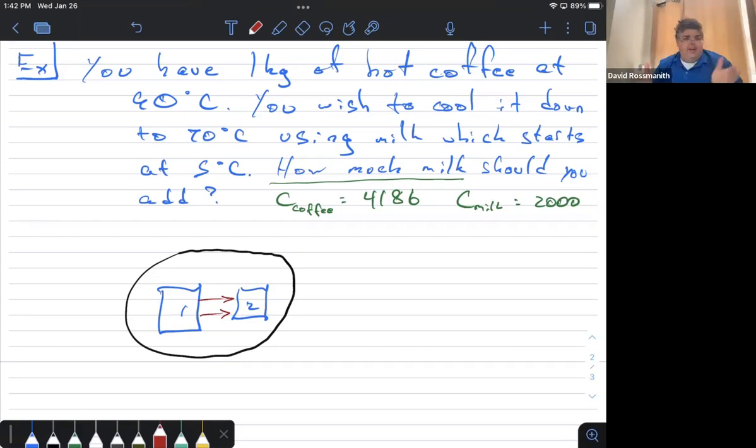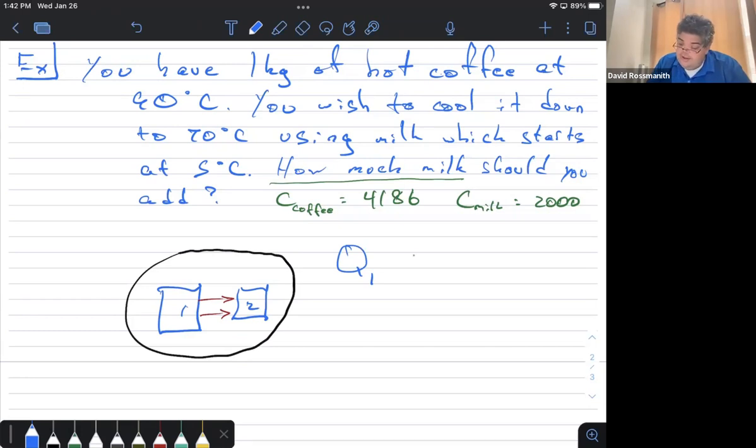So if that's how things work, which is how it works, then what we could say is whatever energy, whatever Q, 1 gives away, object 2 has to take it in because it has to go somewhere. Object 1 is giving away its energy, but the energy can't leave. It can't leave the system because it's in this box.